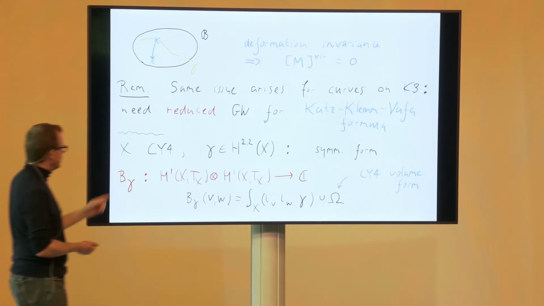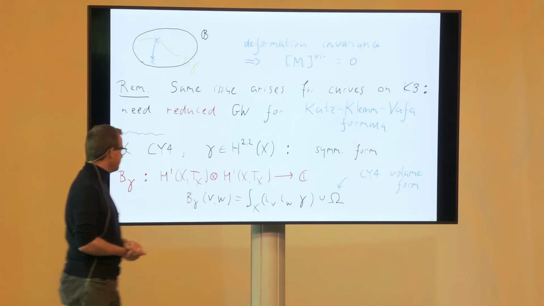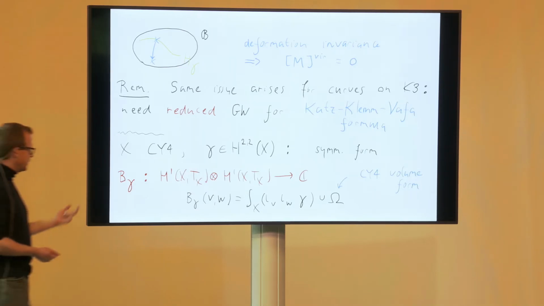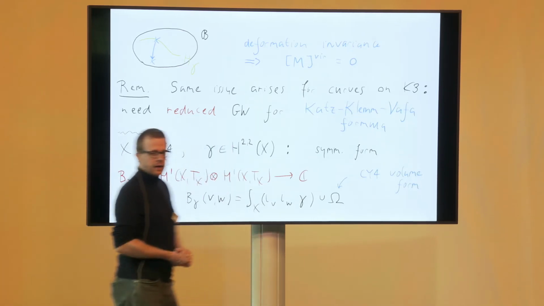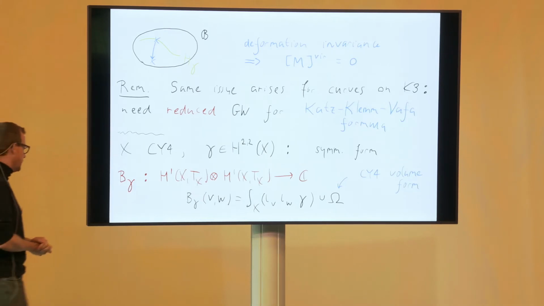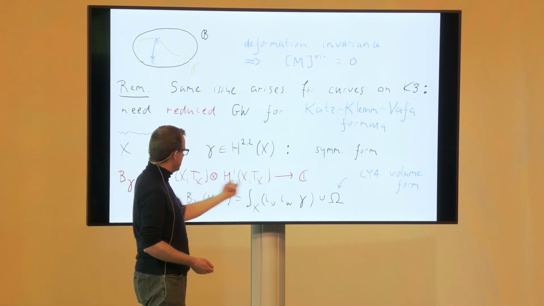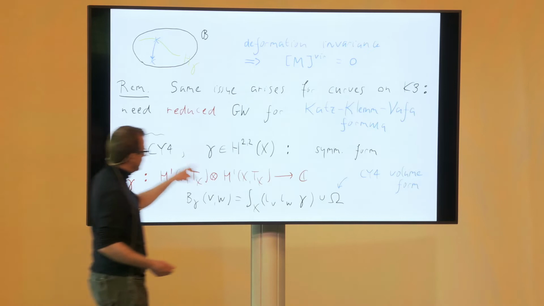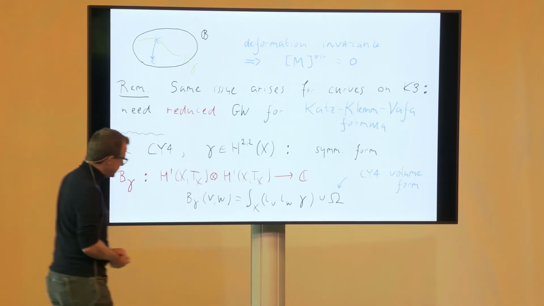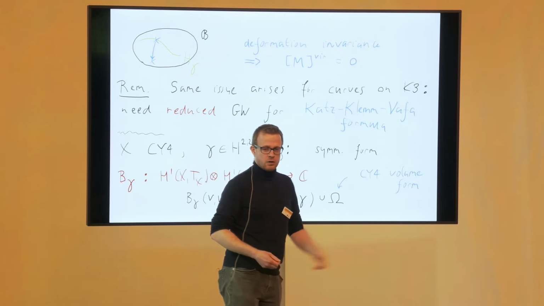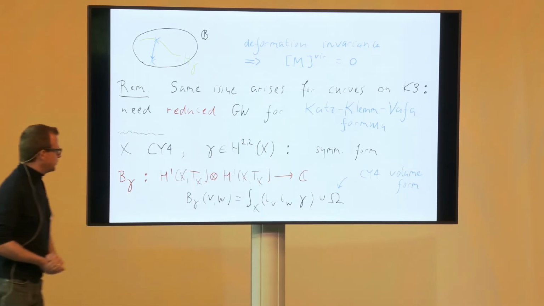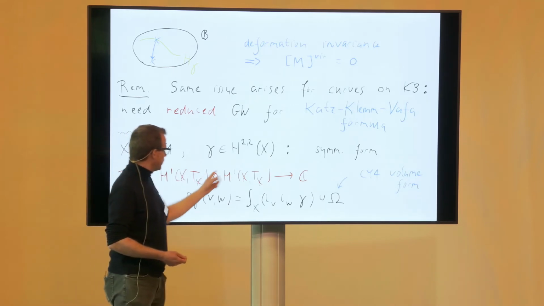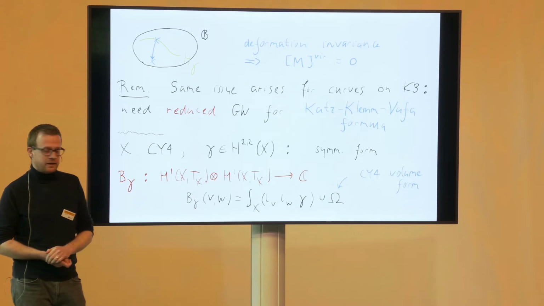It's defined on H^1 of the holomorphic tangent bundle, the space of infinitesimal deformations of your Calabi-Yau, tensored by itself to C. A neat way of writing it is you take two shifted vector fields, V and W, and you contract your (2,2) class by these shifted vector fields, and you cup the result with a Calabi-Yau volume form. Then you get a (4,4) class, which you integrate to obtain a number. Because of these cohomological shifts, this is a symmetric bilinear form.